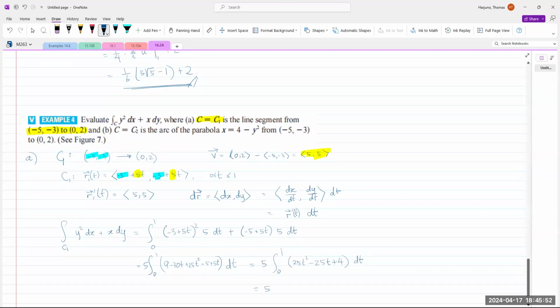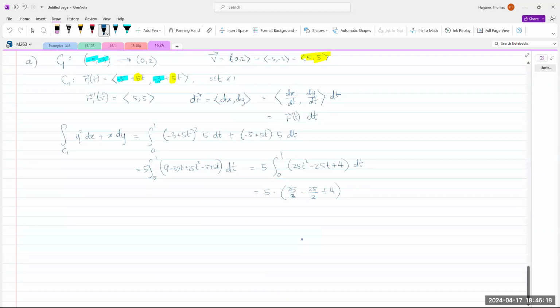That's 5 times 25 over 3 minus 25 over 2 plus 4. Let's compute this.